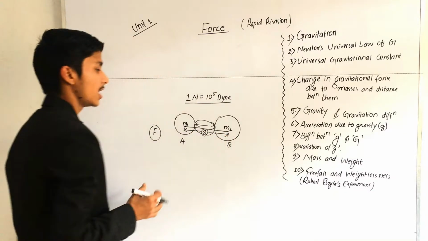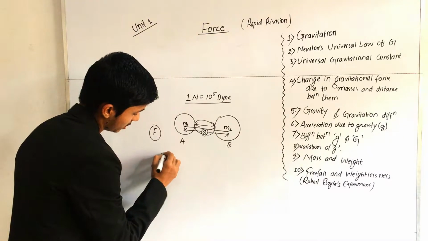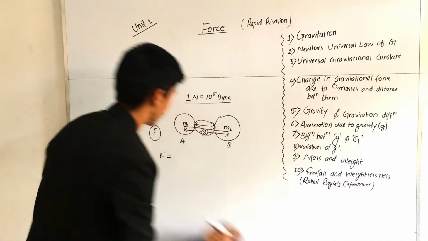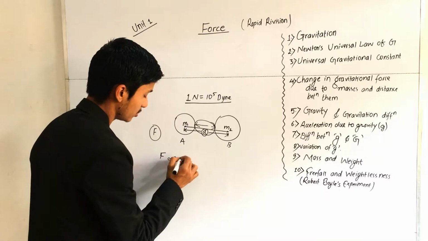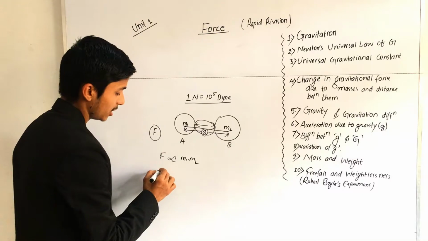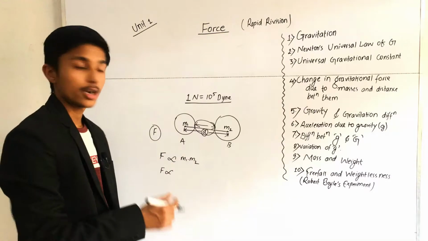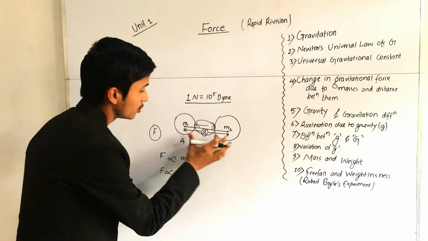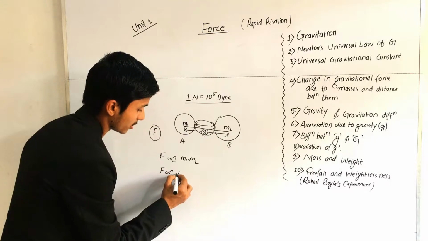According to his law, F is directly proportional to the product of masses of the bodies, and force is inversely proportional to the square of the distance between the two bodies from their centers. It means d square.